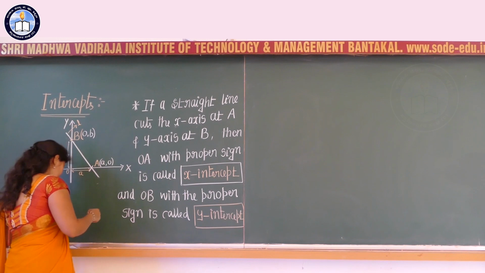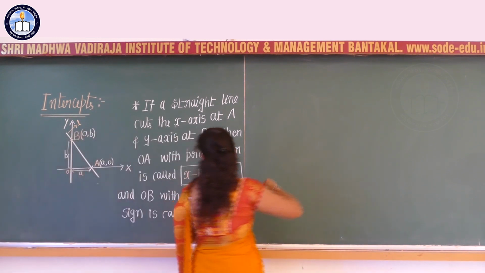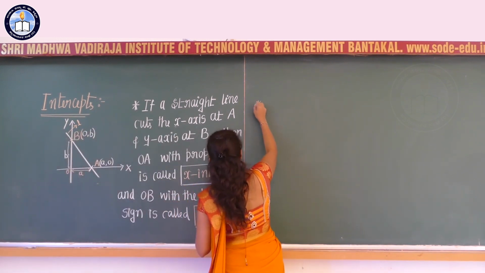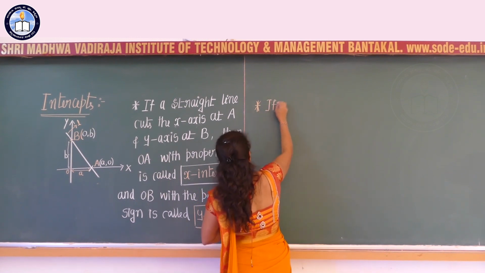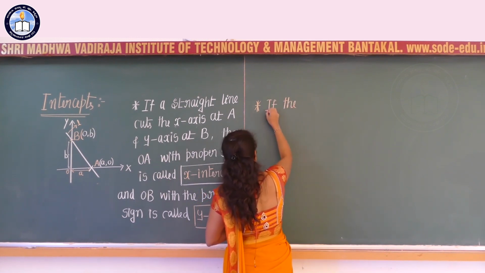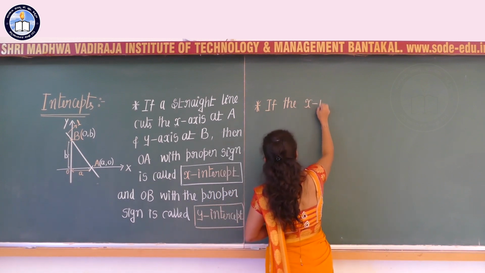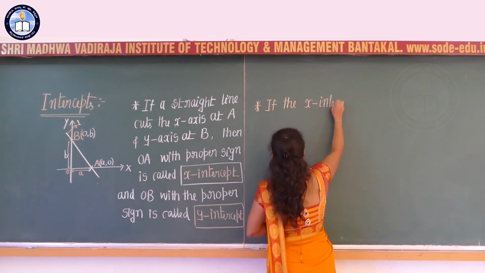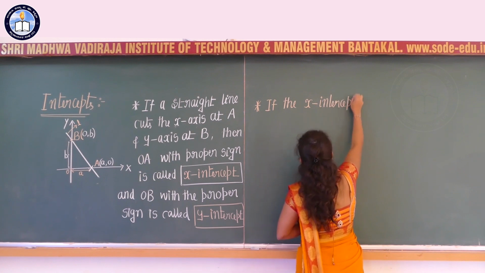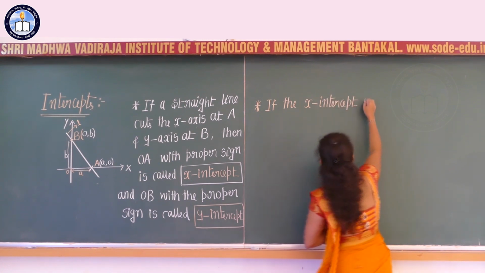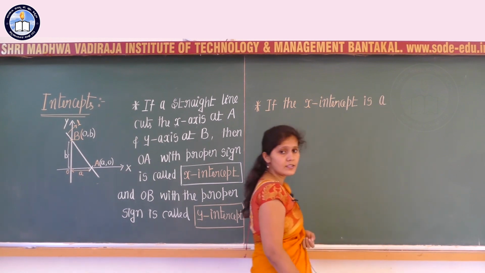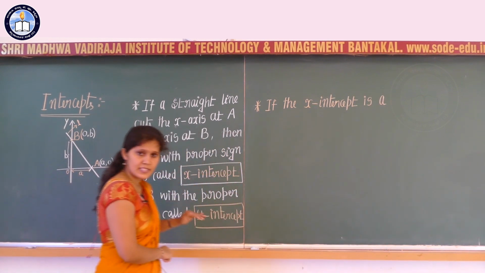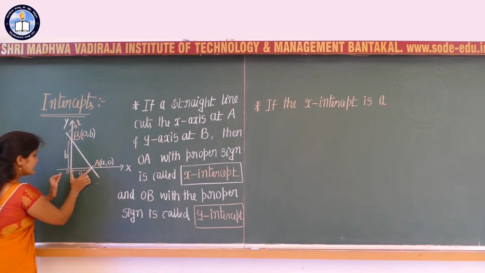So, let me write the next point, that is the second point: if the x-intercept is A, what is the meaning of that?